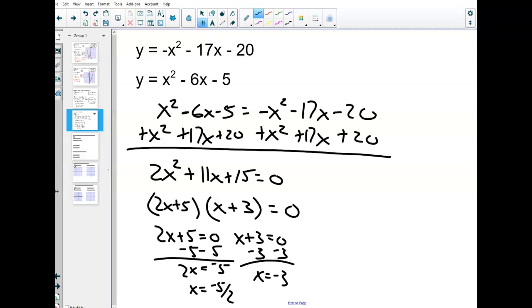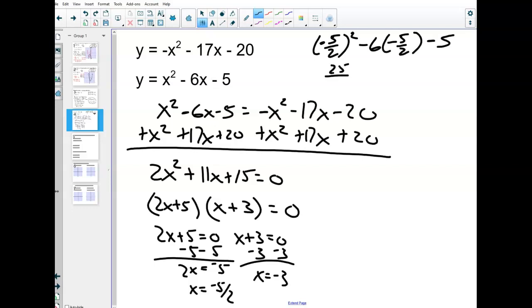Okay? And then I'm going to plug my x into one of these. Unfortunately, yeah, you're going to have to put it into something that's squared. I'd probably go with the bottom one because the numbers are a little lower. Negative 5 halves squared minus 6 times negative 5 halves minus 5.